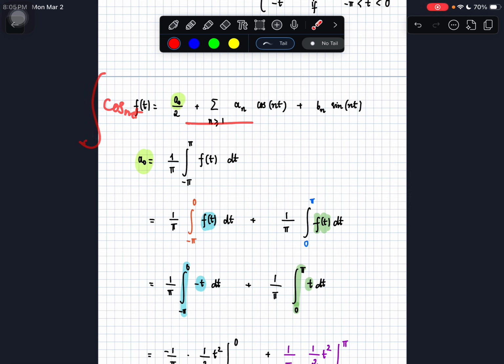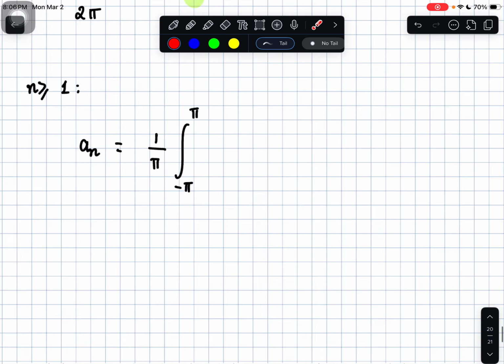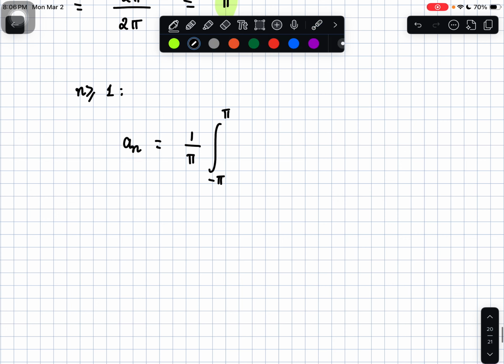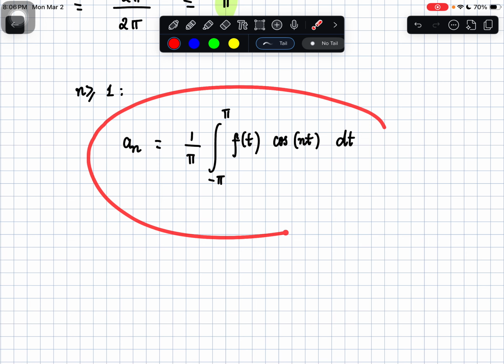All terms will be 0 except the one term where m equals n, and dividing by pi, we get a_n. So a_n is 1 over pi times the integral of f(t) cosine nt dt. This is the formula for a_n.